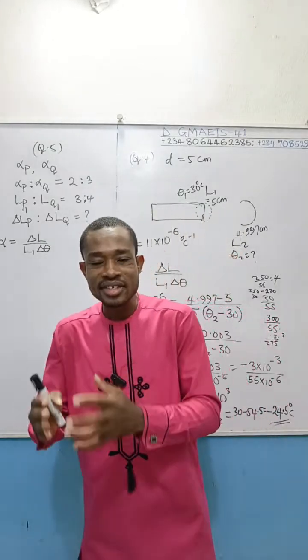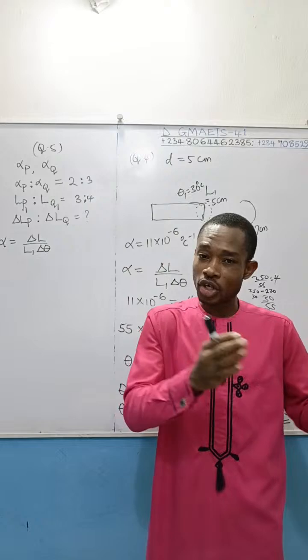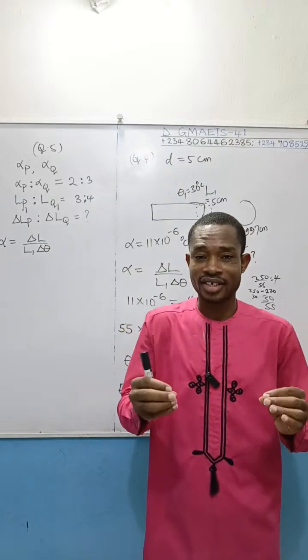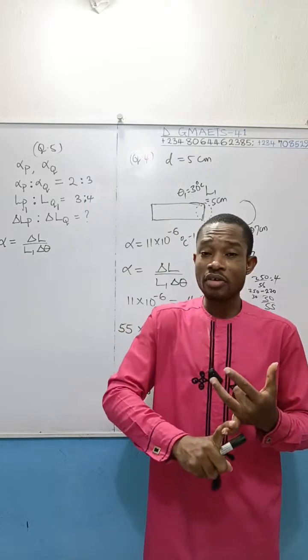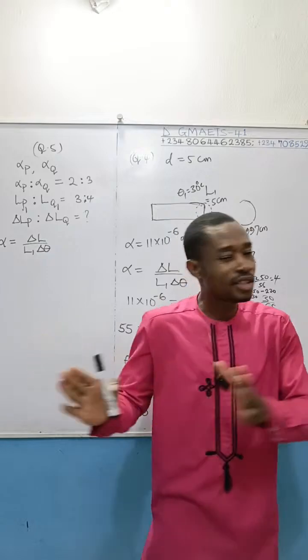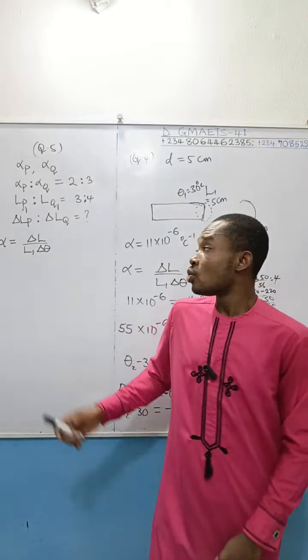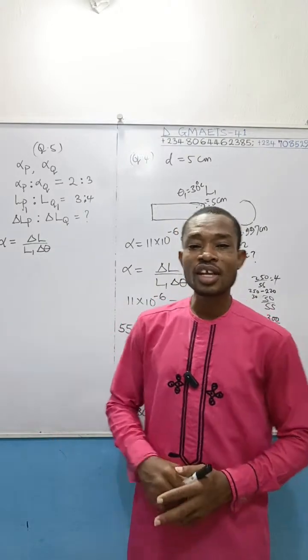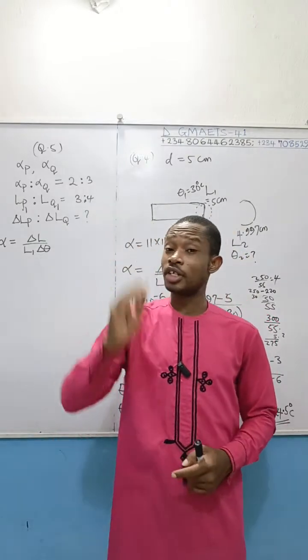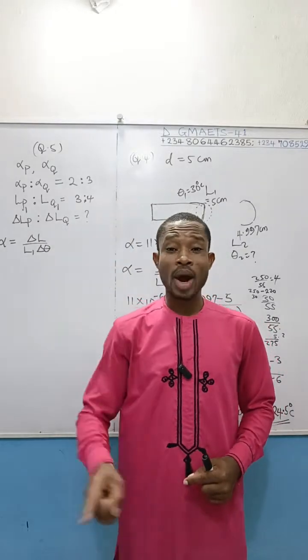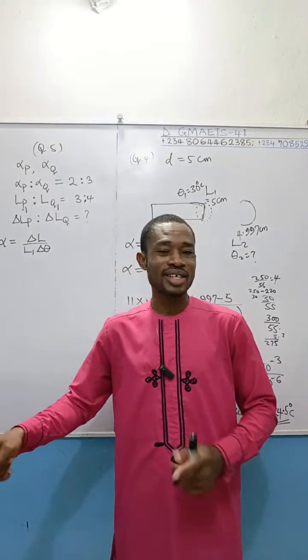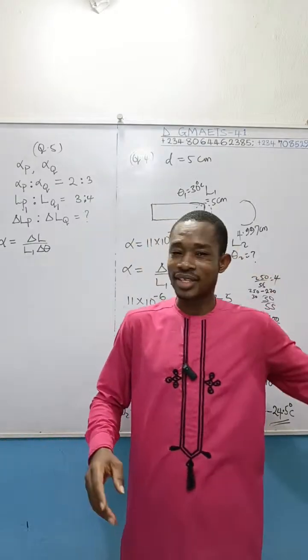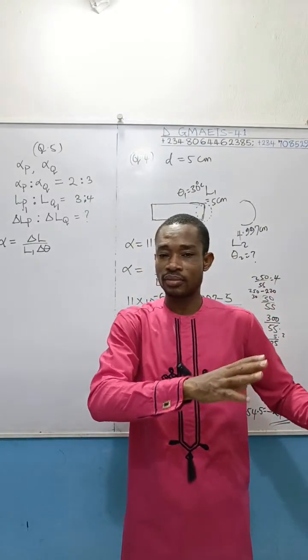Material P and Q, both of them were heated through the same temperature rise, which means that delta theta for both of them will be the same. And if delta theta for both is the same, if you take the ratio, it's going to be 1 to 1, and it's just as good as they cancel out.